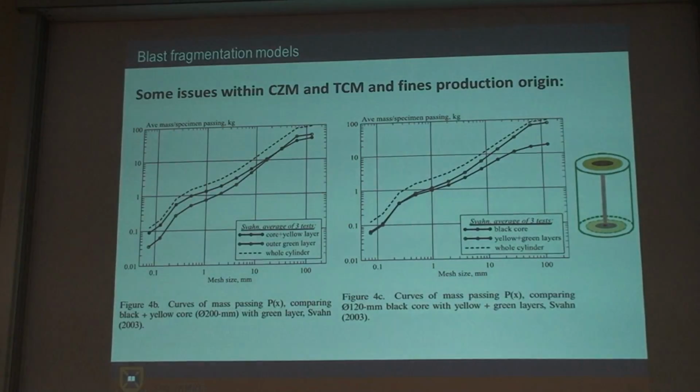However, we can see in two experiments by Swan in 2003, he provided multi-layered cylinders with different colors, and as you can see, the contribution of the outer layer, which is yellow and green, is considerable in both practices, because he used different cylinders with different diameters.